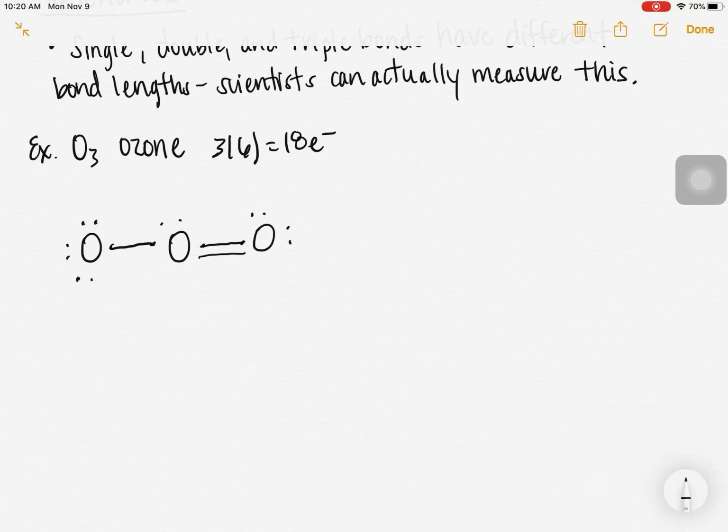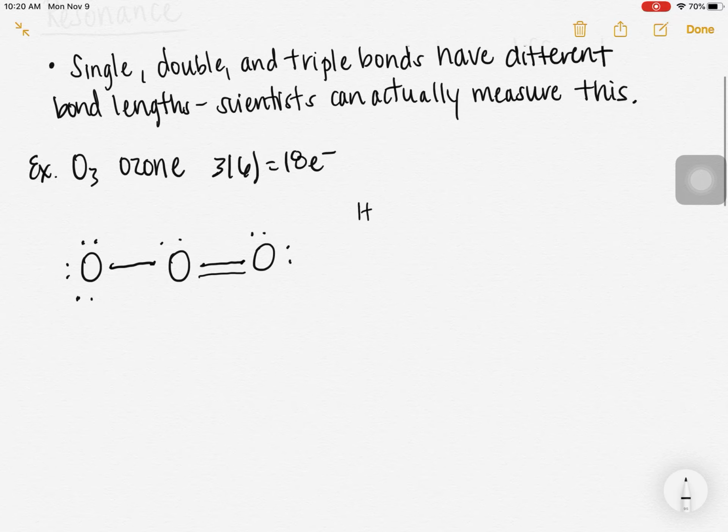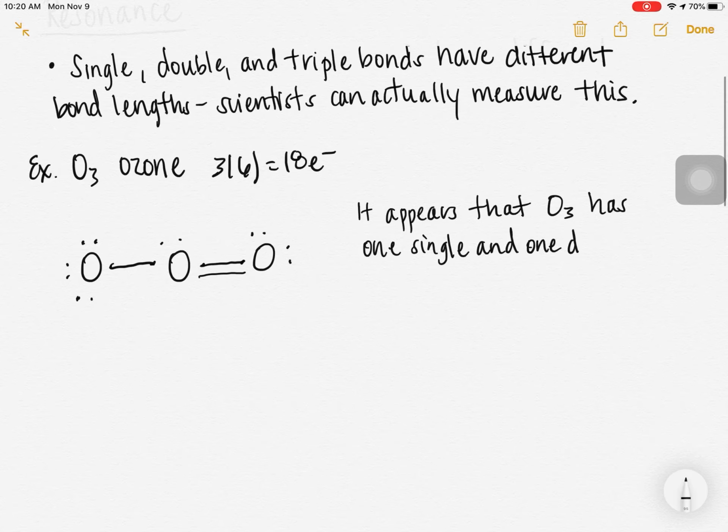And I end up with a picture that looks like this. So based on this picture, it appears that O3 has one single and one double bond.